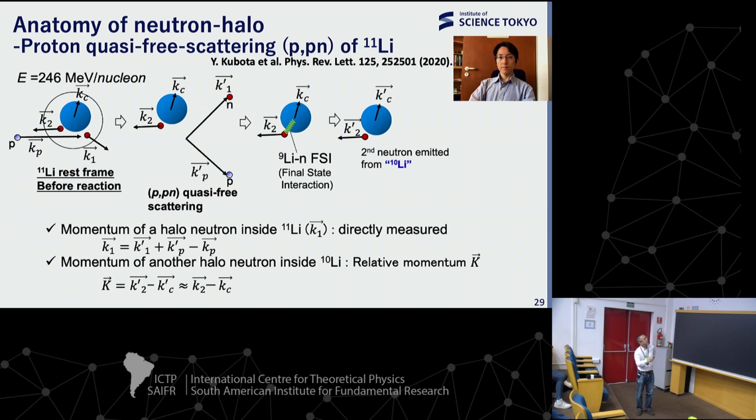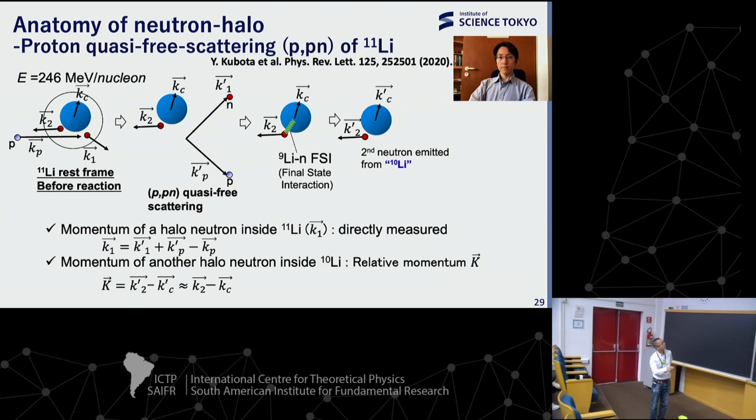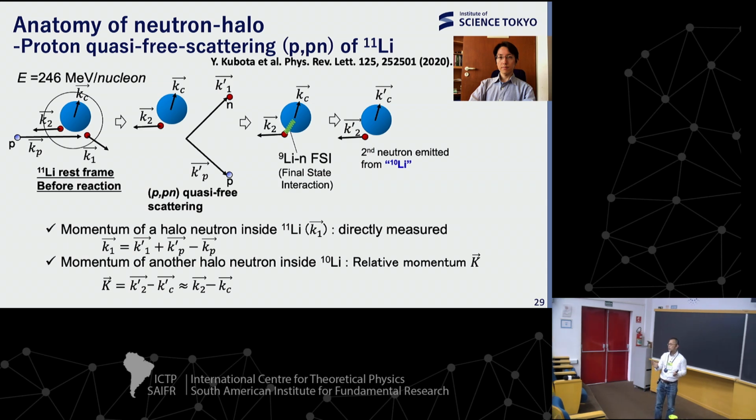Then we would like to measure the momentum of this one and this one. K1, and this is just momentum conservation. So K1 is equal to K1 prime plus K prime P here, minus the incoming proton momentum, right? So we can extract the momentum of the neutron before the collision.